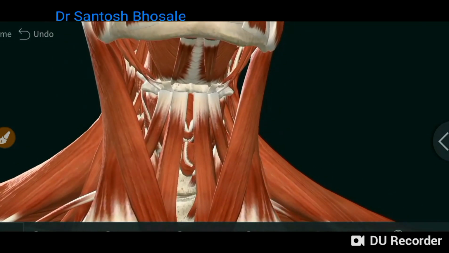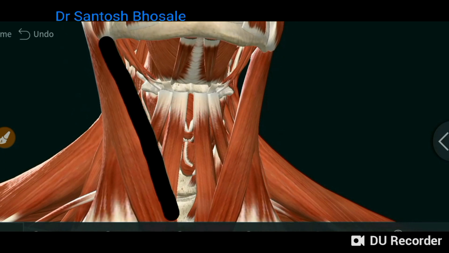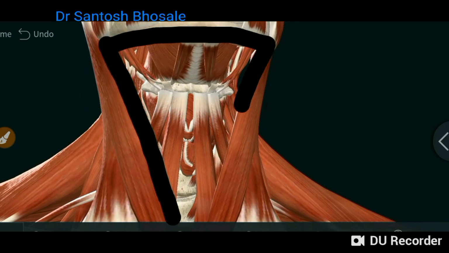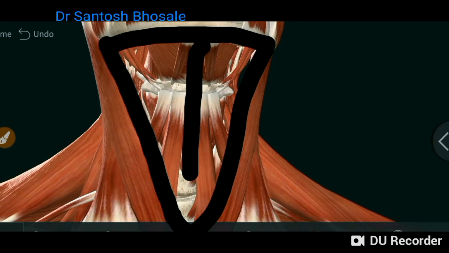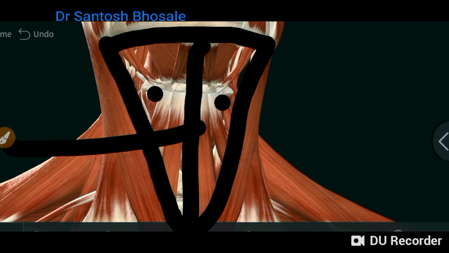As I told you, the anterior triangle is only one, but it is divided into right and left by the anterior median line. You can see it lies between the two sternocleidomastoid on either side, anterior border of sternocleidomastoid, above the lower border of the mandible, and by the anterior median line it is divided into right and left anterior triangles. Again, the anterior triangle is subdivided into many triangles.